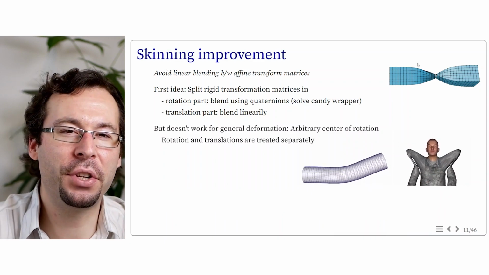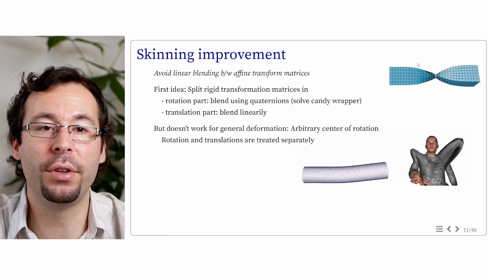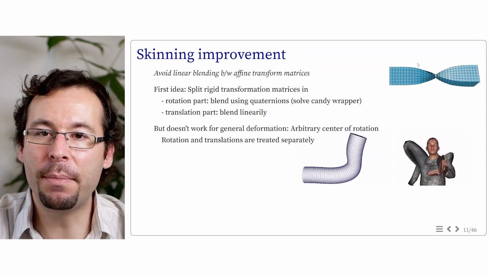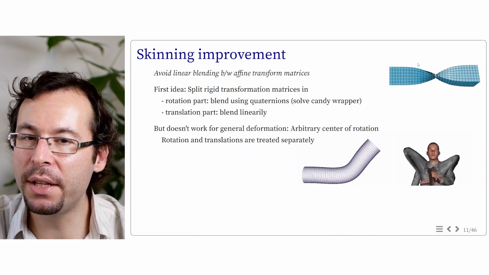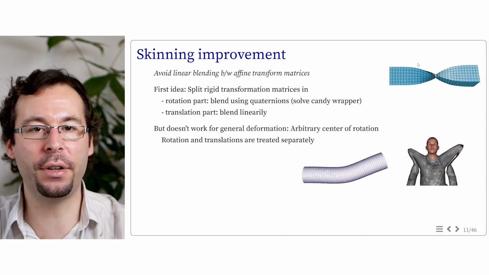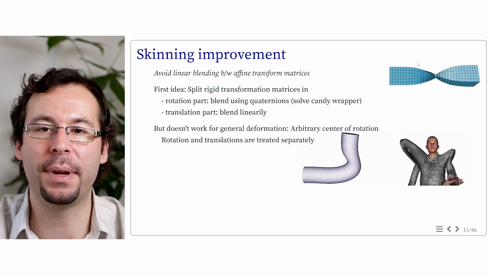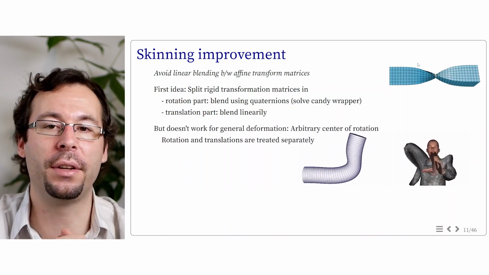For a nice deformation, we need to have a continuity of the center of rotation around the limbs. This is obtained by default when we use linear interpolation, but if we use quaternion blending and translation blending separately, the center of rotation around which the deformation takes place doesn't necessarily follow the trajectory along the skeleton.